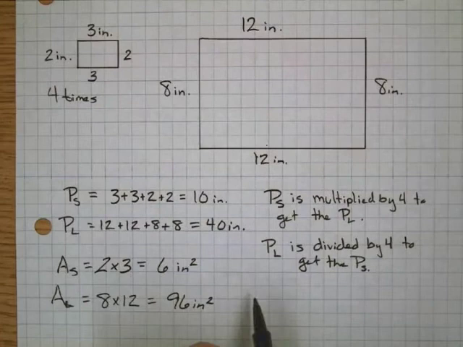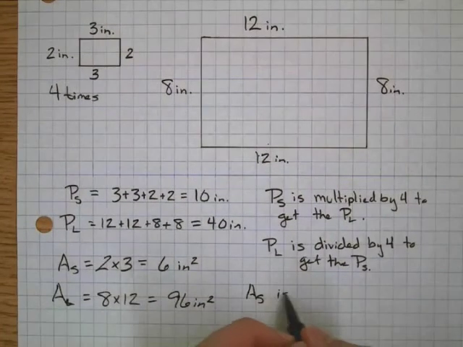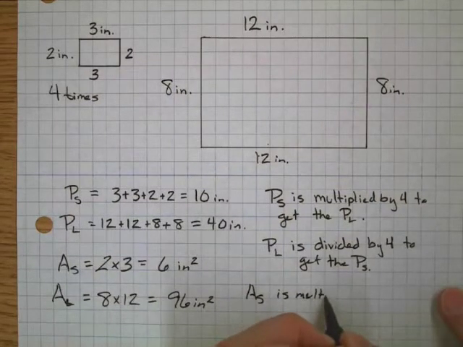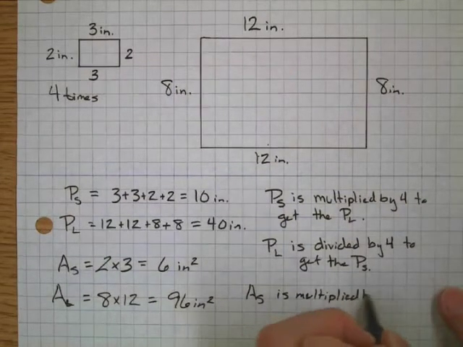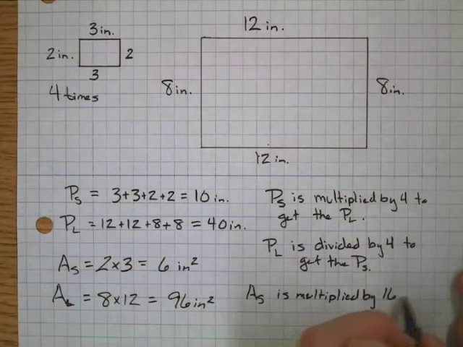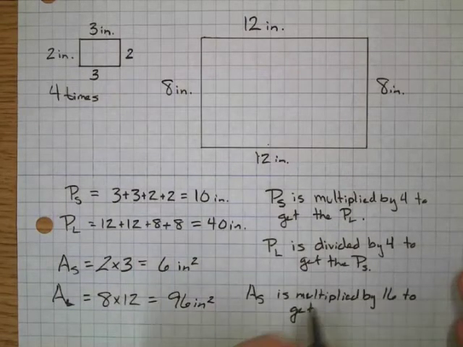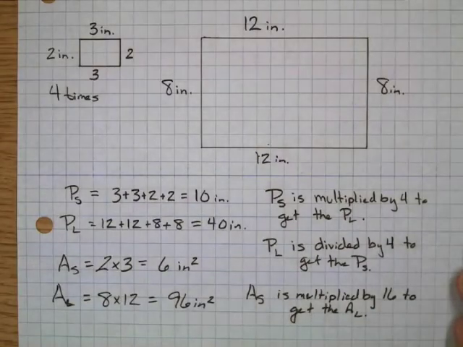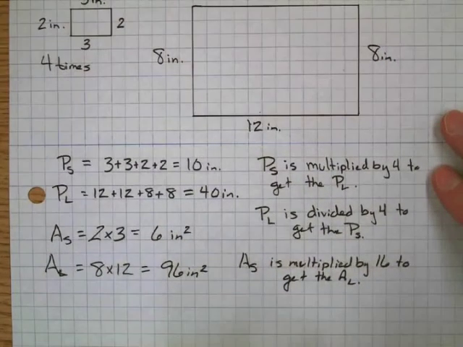So we could say that the area of the small is multiplied by 16 to get the area of the large rectangle. And just as we did before, we could say this the other way around.